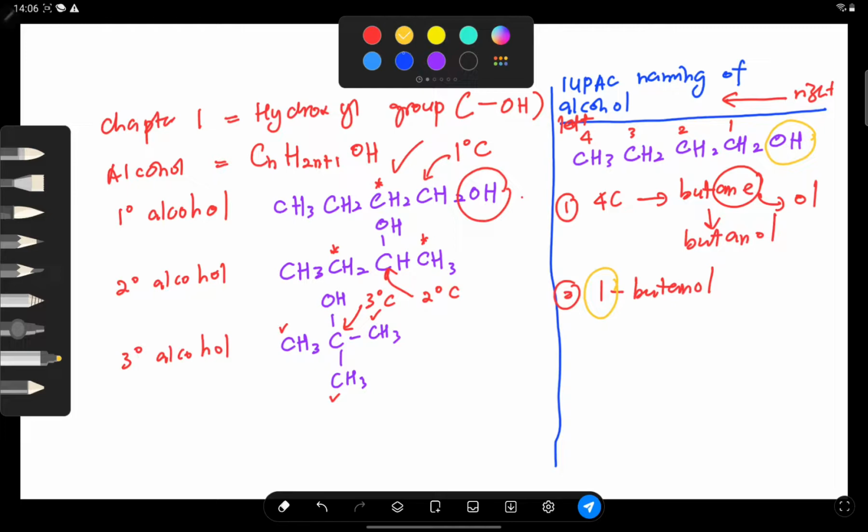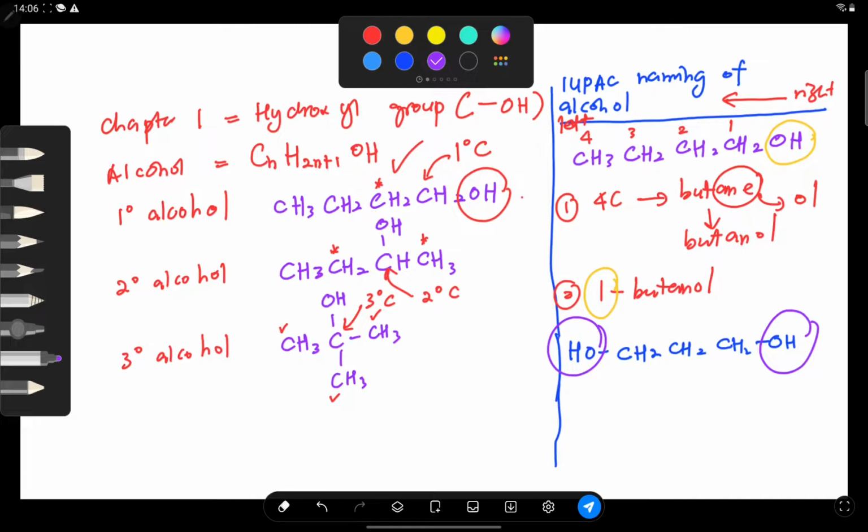If you have this structure, how do you name it? Because here you have 2 OH groups.